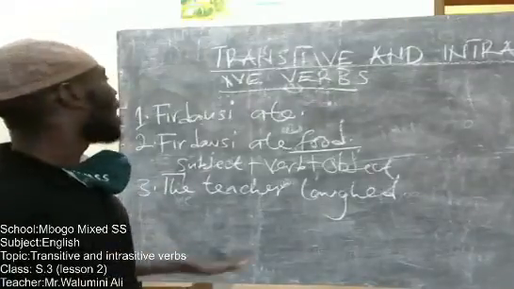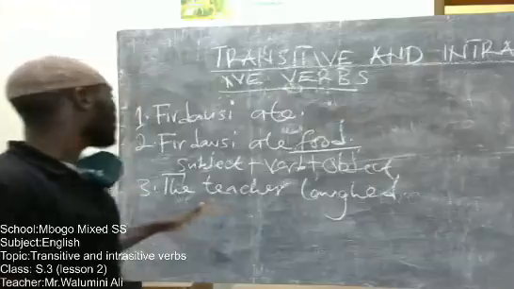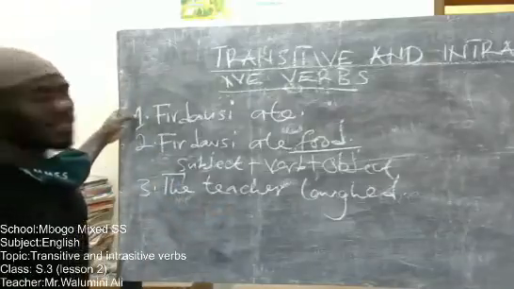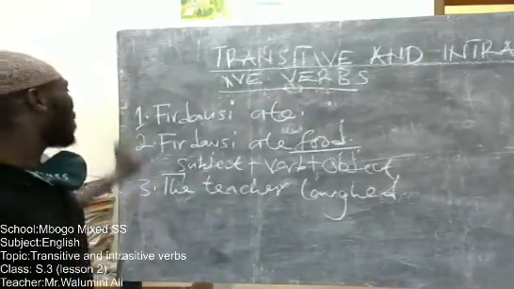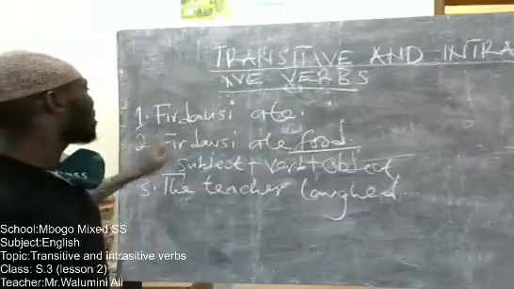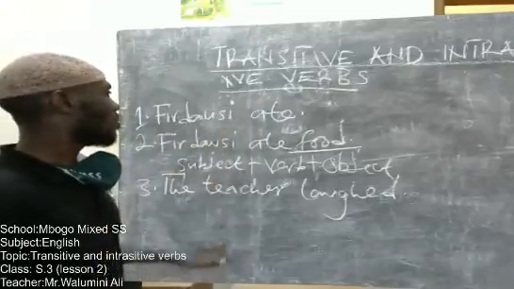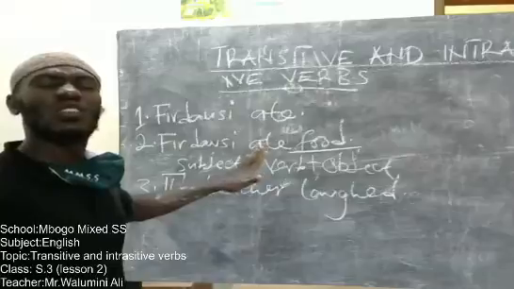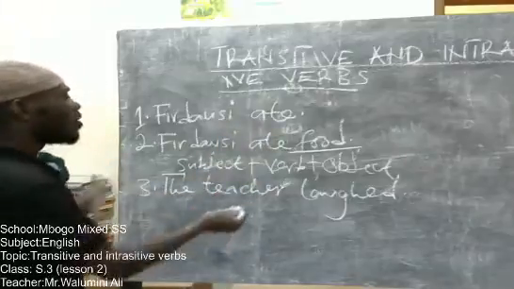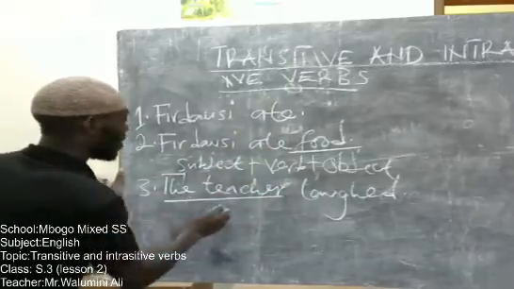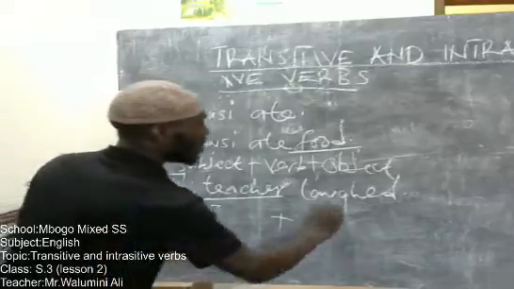I want you to look at this very well. When you look at 1 and 2, and 1 and 3, you can see that they are almost the same structures. Because what we have here is the subject plus the verb.